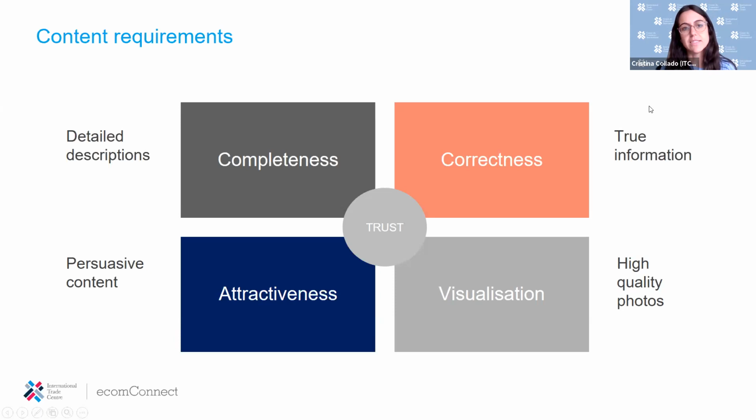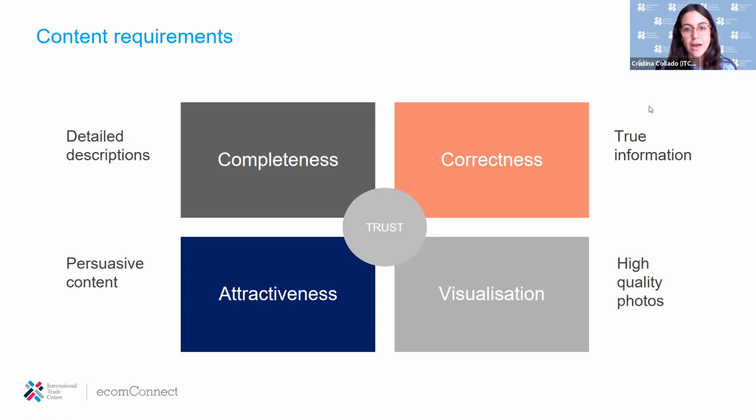So we need content that's complete. That means we need detailed descriptions that are both technical but also assertive. That takes us to a second requirement, which is that our content needs to be attractive. It needs to make our visitors convert into an action.